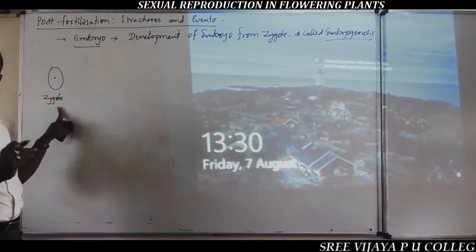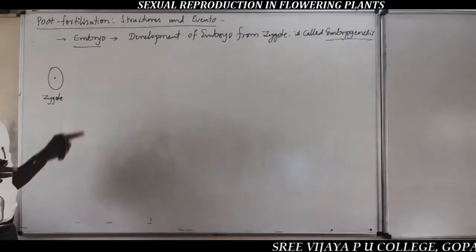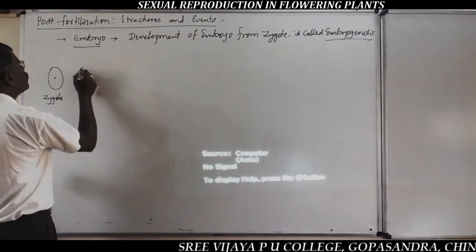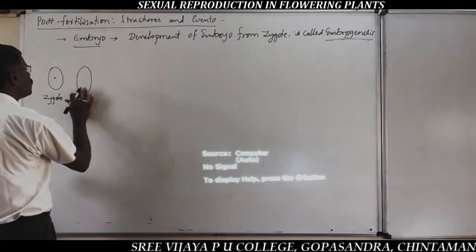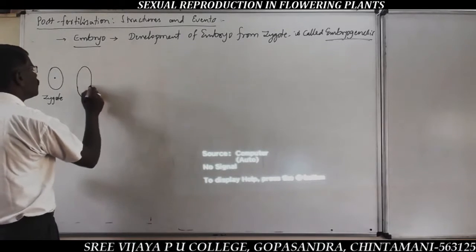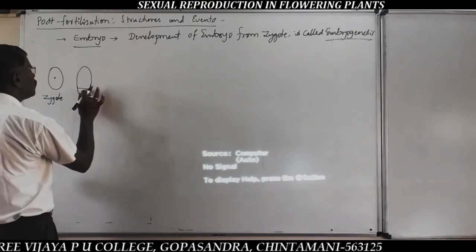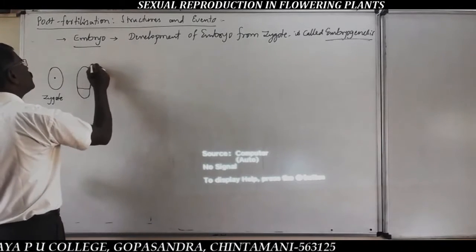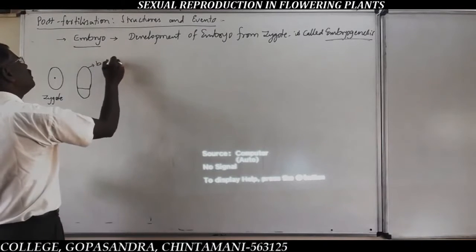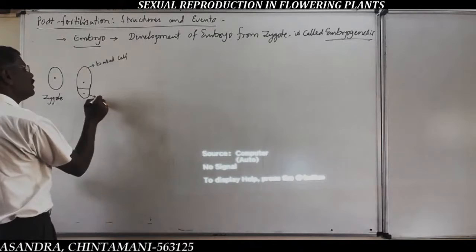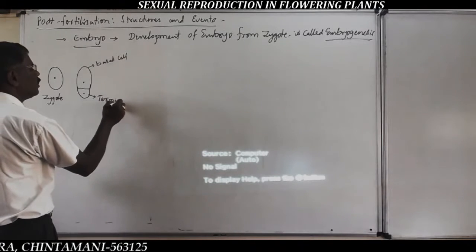As the zygote first divides into two cells, it is the basal cell and it is the terminal cell.